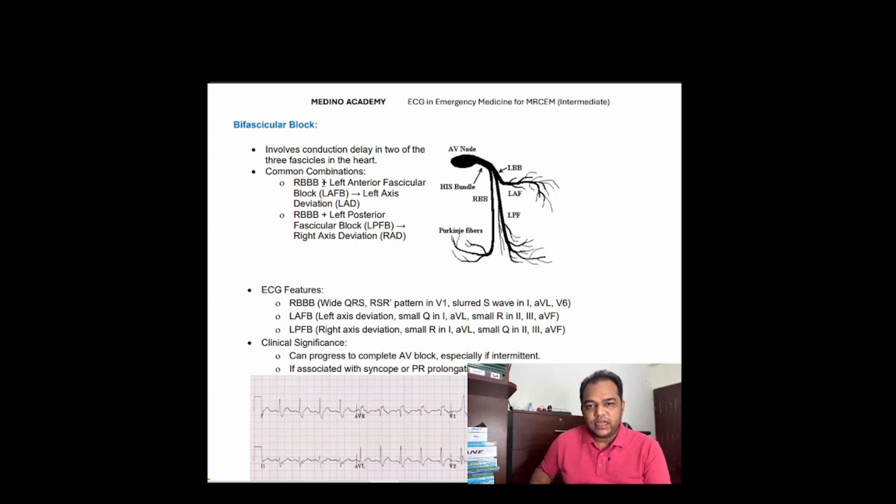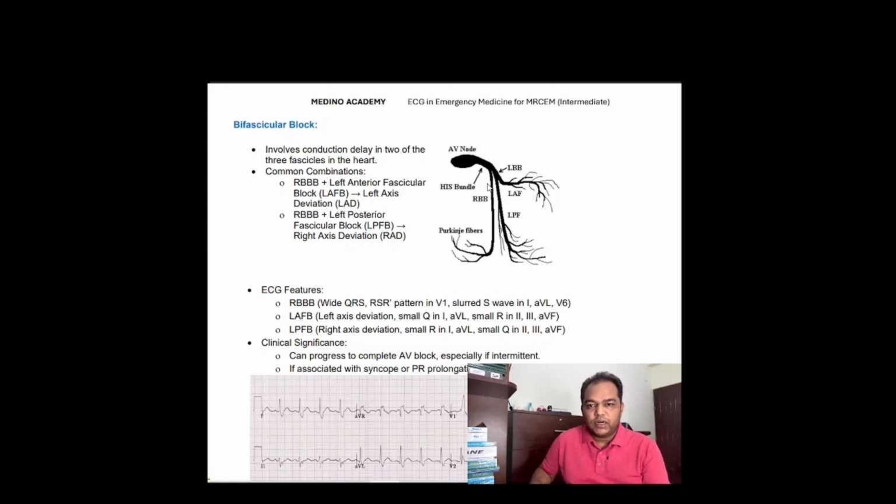When RBBB is associated with left anterior fascicular block, which is represented by left axis deviation, this is one type of bifascicular block. Another type is the combination of RBBB with left posterior fascicular block, which is represented by right axis deviation. That means the left anterior fascicular block is represented by left axis deviation, and left posterior fascicular block is represented by right axis deviation.